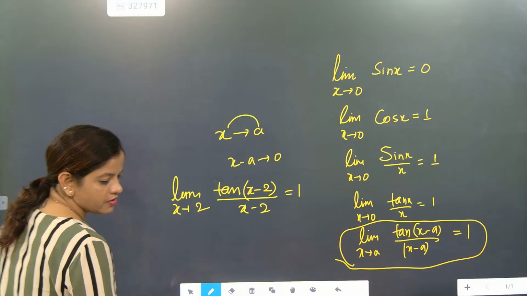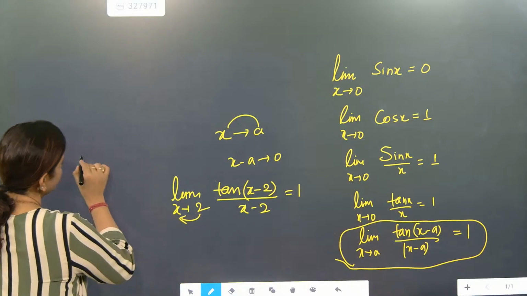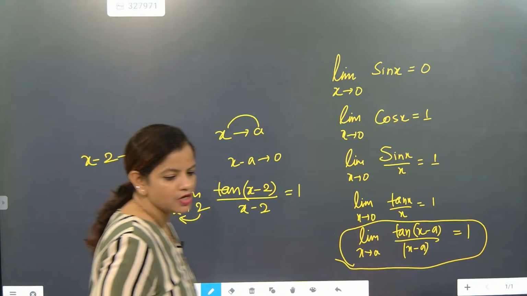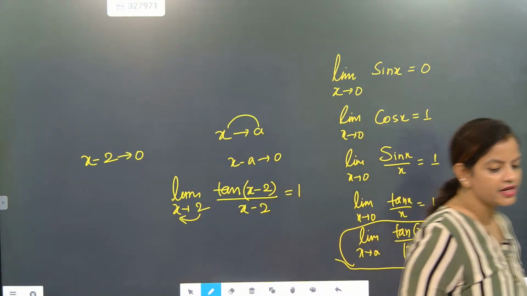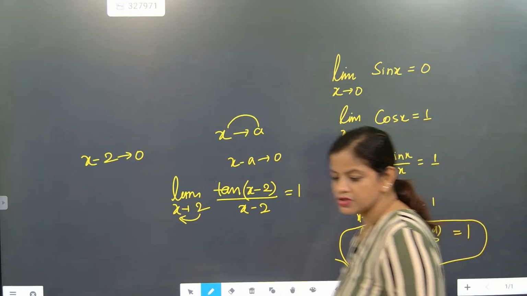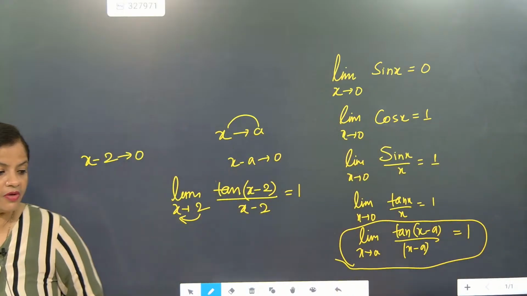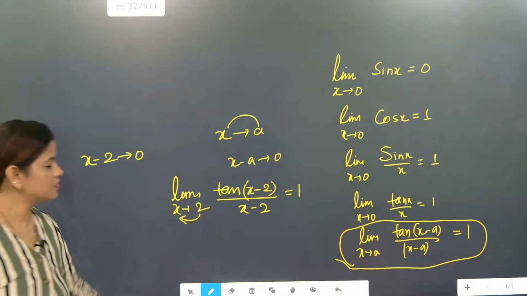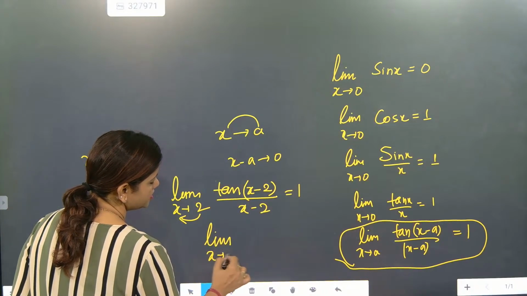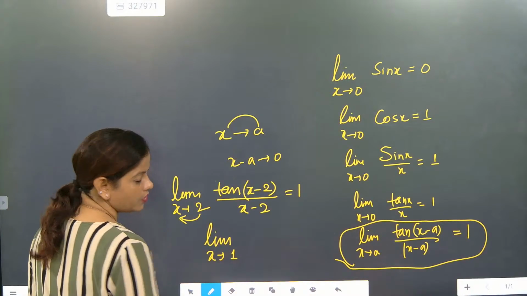Why? Because when you shift this side, it will become x minus 2 tends to 0. Understood? Once you shift it, it directly makes x minus 2 tends to 0, and the moment x minus 2 is tending to 0, it is coming as 1. So sine also: if somebody gives you limit x tends to 1, then what answer are you going to write?